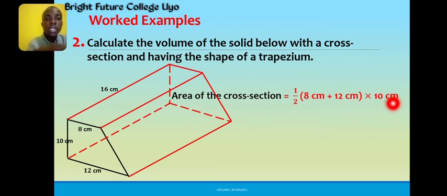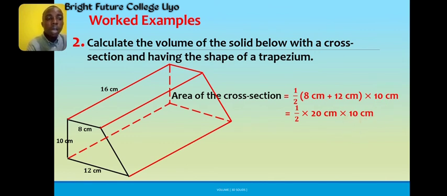This part is the height of the trapezium. So parallel sides, 8 plus 12, so we have 1/2 times 20, times 10.